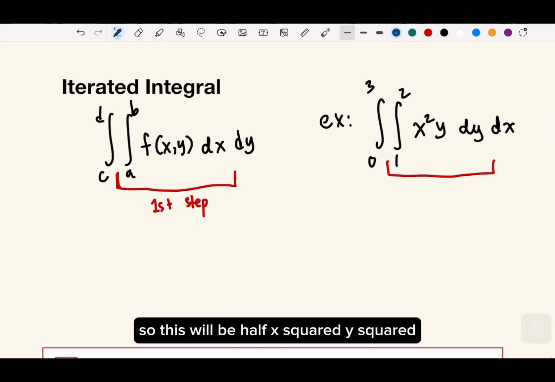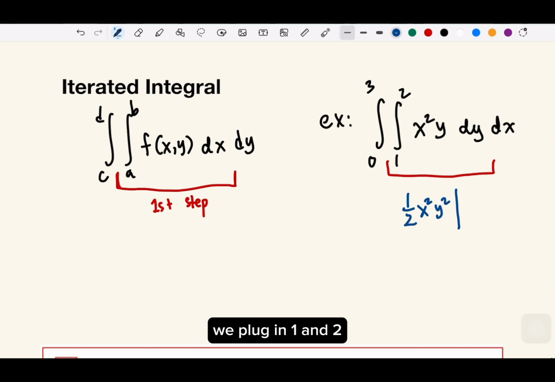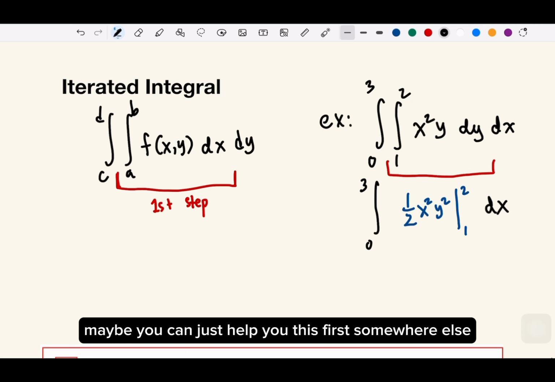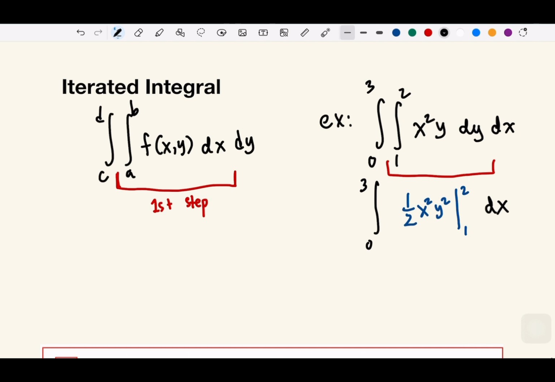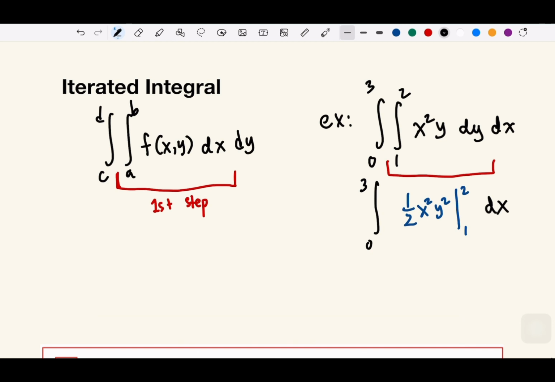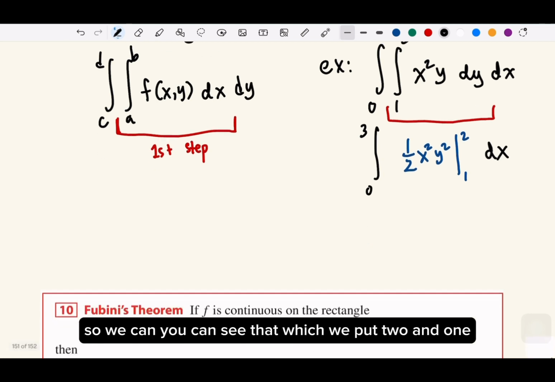So this will be half x squared y squared. We plug in 1 and 2, and we still need to write the outside integral. Sometimes when working on problems, you can compute this first somewhere else, and after you finish, put the result here and then integrate one more time.